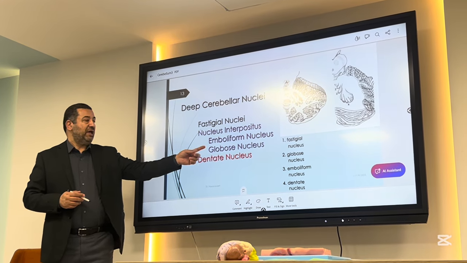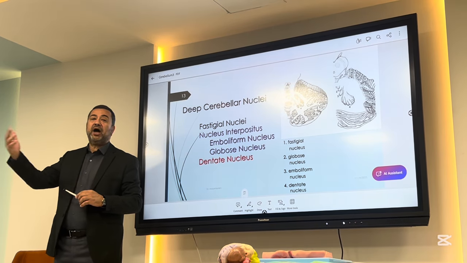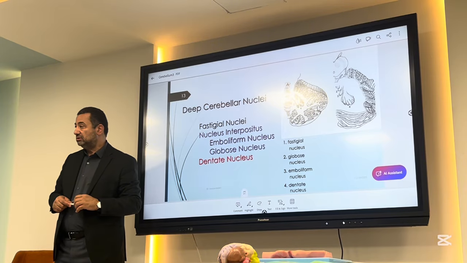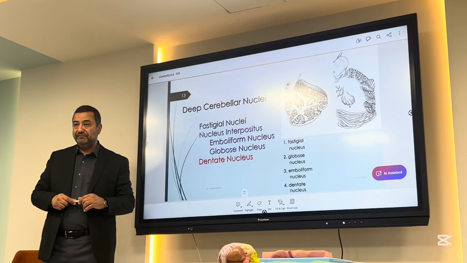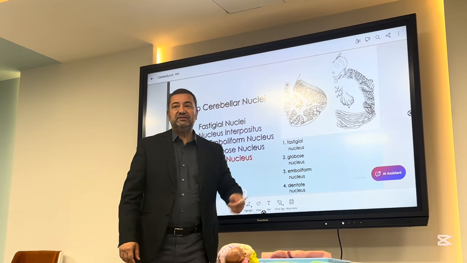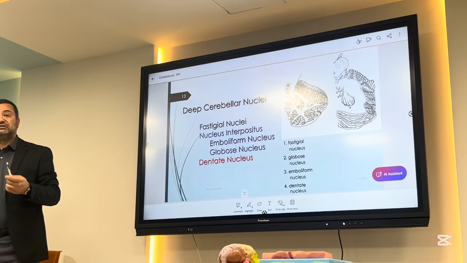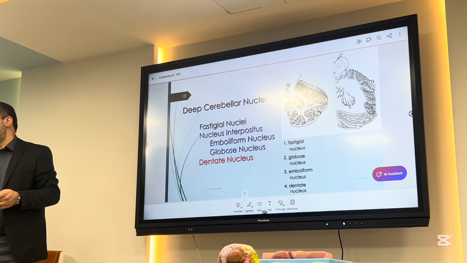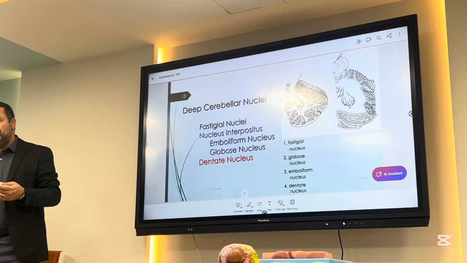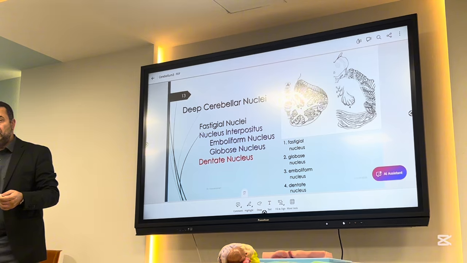Emboliform nucleus and globose nucleus are related to the paleocerebellum or spinocerebellum, and are related to muscle tonus. And the largest one, dentate nucleus, is related to the neocerebellum or pontocerebellum, and is related to learning fine movements. Is it clear? Okay?